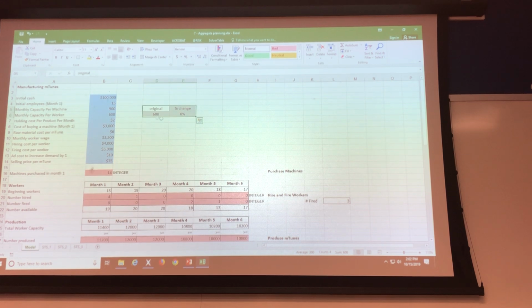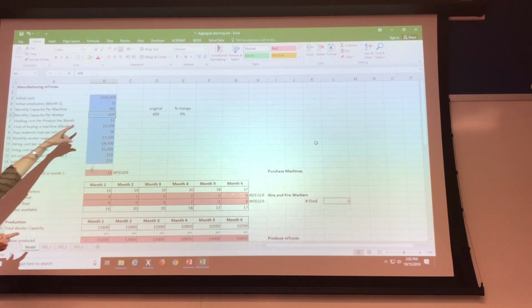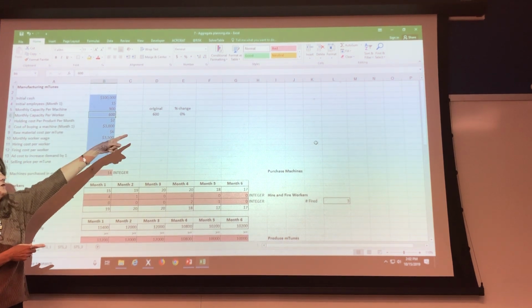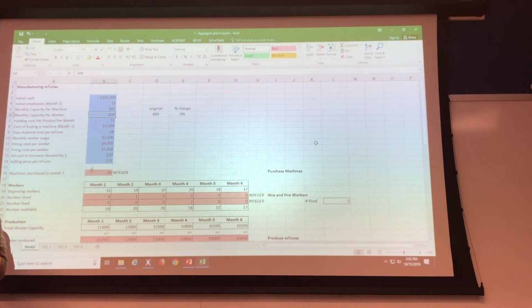Because what I wanna do is make this number, that is the number that's used in the model, right? I want that cell right there to be a function of those 2 numbers. I want it to no longer be a static number. I want it to be something that can change, okay? So what I wanted to do is be the original number incremented by a percent, which I can do by saying plus the original number times the percent.